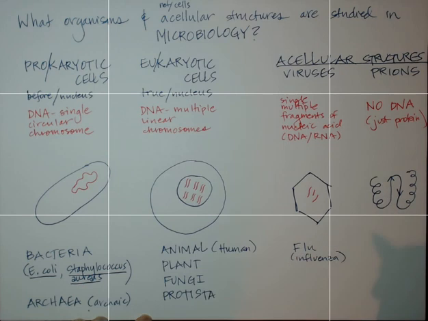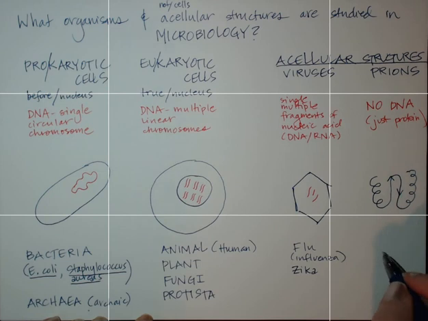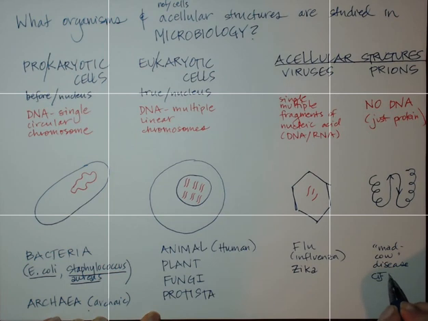And one that has been in the headlines quite a bit would be Zika virus. And prions, probably the name that you associate with prions would be something like mad cow disease. In humans, we call this Creutzfeldt-Jakob disease. So I'm just going to abbreviate that as CJD. So, Creutzfeldt-Jakob in humans.